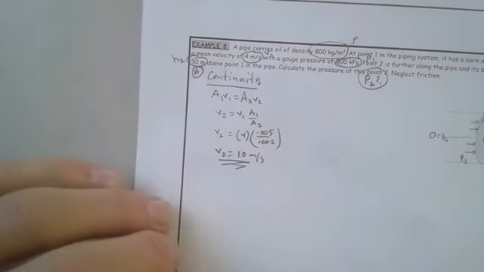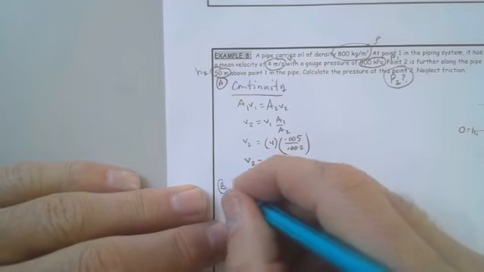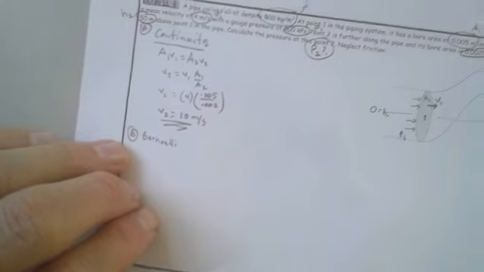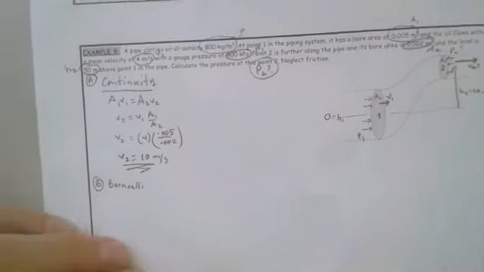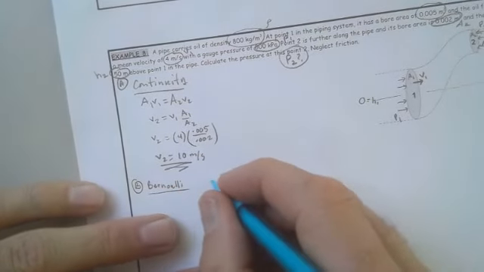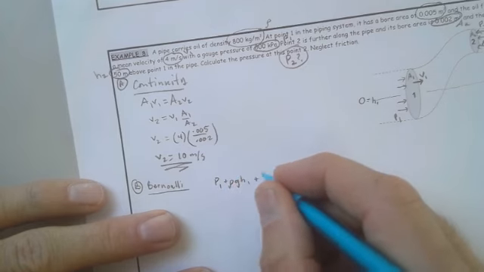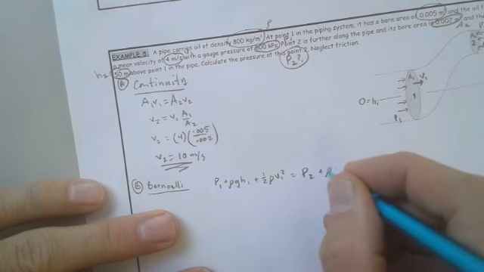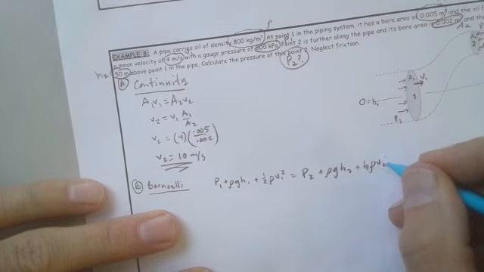That's not an answer, but it's going to be sure helpful when we get to our Bernoulli equation. So for part B, we're going to do Bernoulli, and basically that says this fluid flow has got to abide by the conservation of energy. So we're going to go ahead and write out our Bernoulli equation: P1 plus rho g h1 plus 1/2 rho V1 squared equals P2 plus rho g h2 plus 1/2 rho V2 squared.